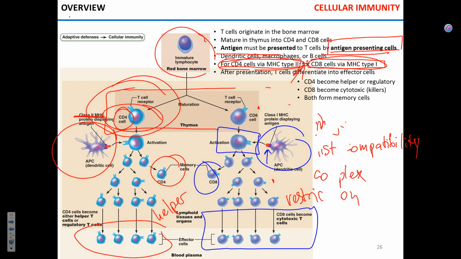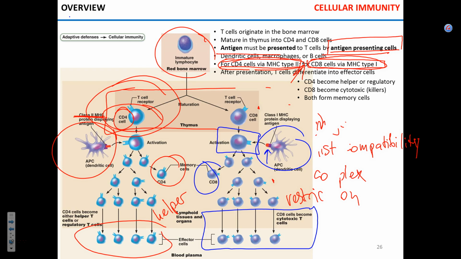that makes sense. So, sort of in a nutshell, you've got antigen-presenting cells, and they show the antigen to T cells. They show the antigen to CD4 cells through MHC class 2, and they show the antigen to CD8 cells through MHC class 1.